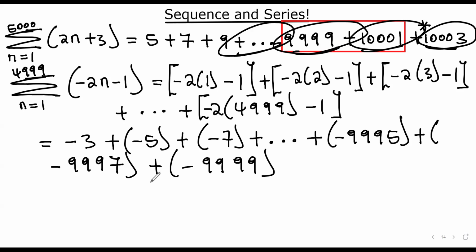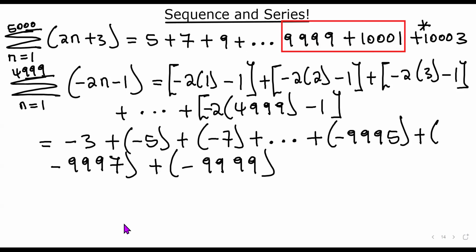So in order to get the 4th last term, let's substitute 4997. I just want you to see something, that will make life easy. When you substitute 4997, you find that the 4th last term is actually +9997.